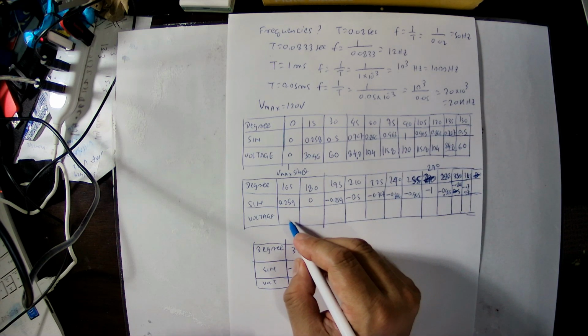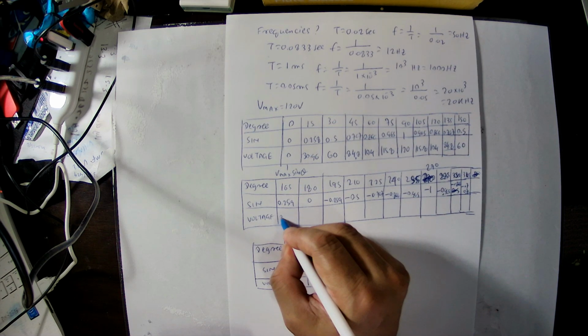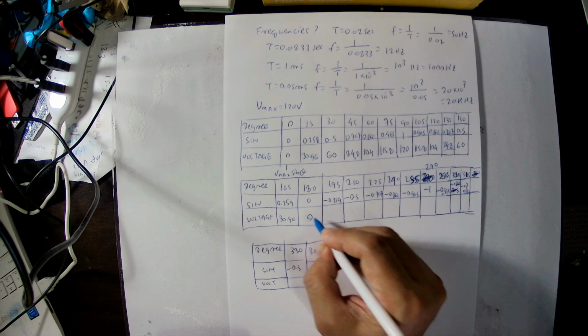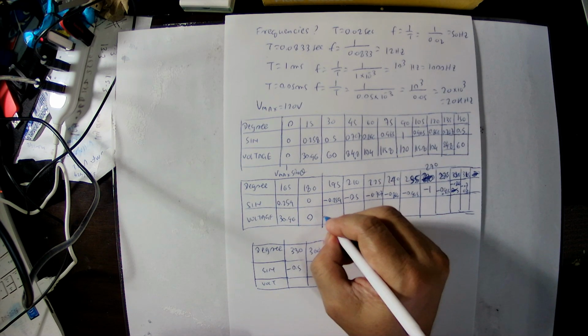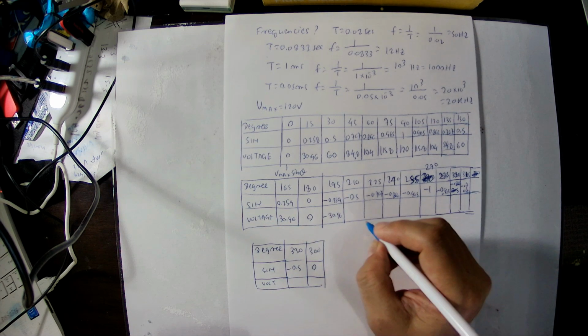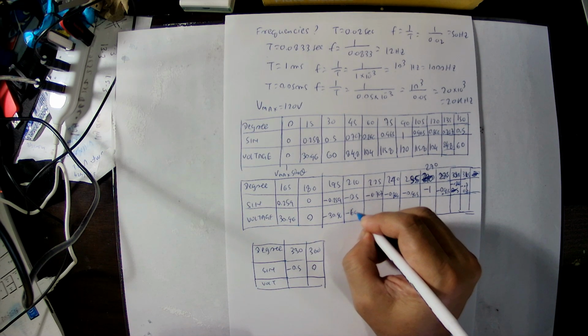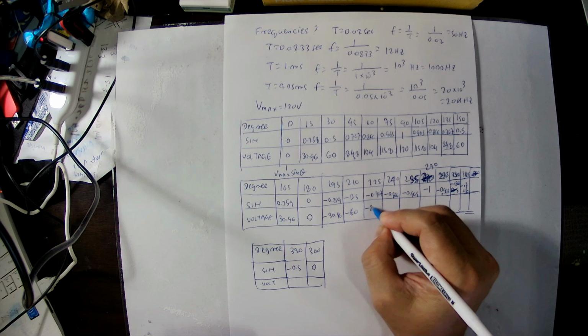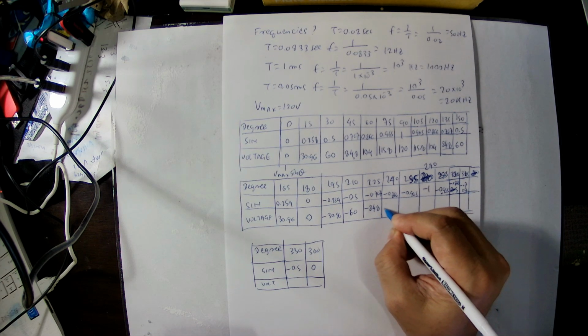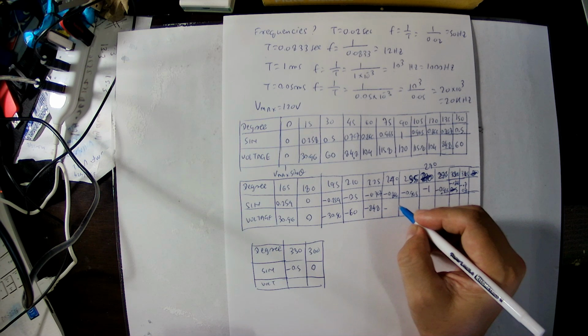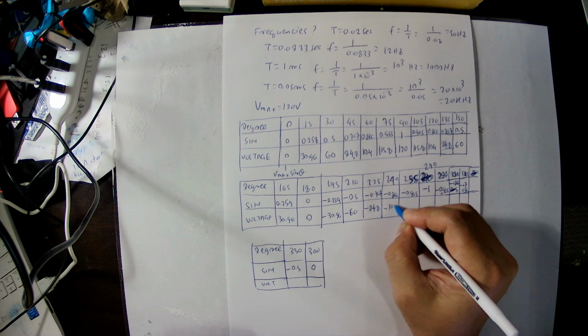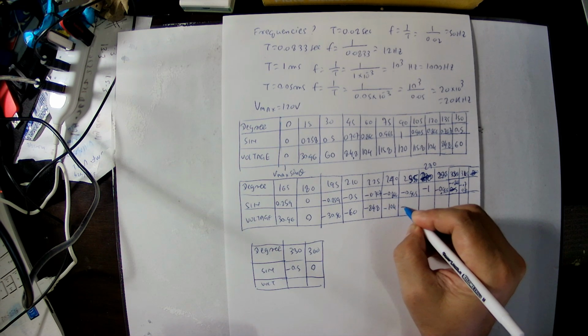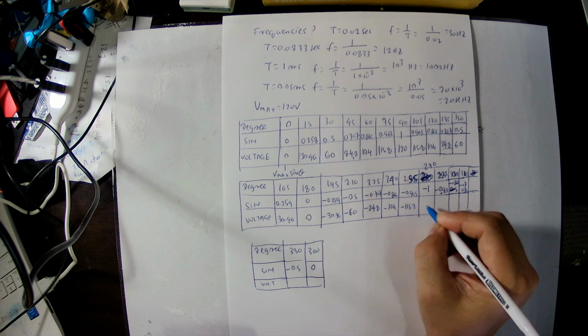there will be 30.96 and 0. Here is negative 30.96, negative 60, negative 84.8, negative 104, negative 115.8, negative 120.